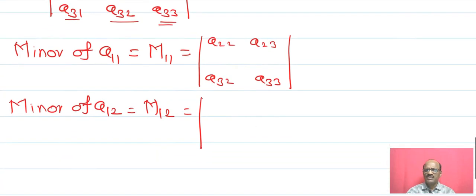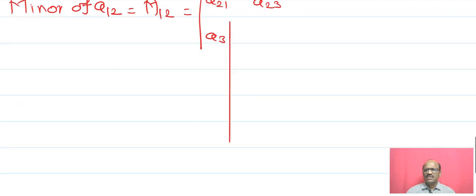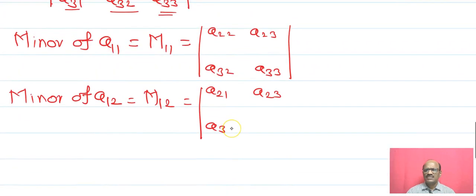Then which are the elements? The elements are A21, A23, A31 and A33.